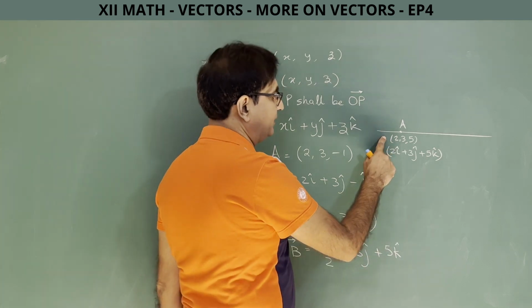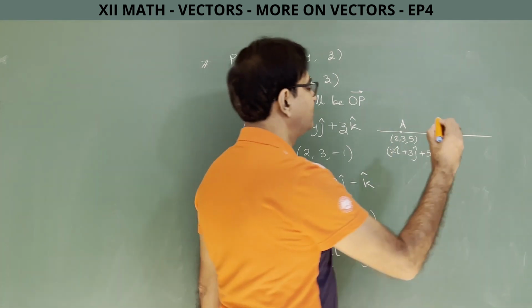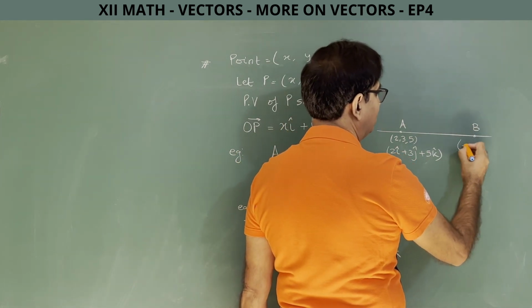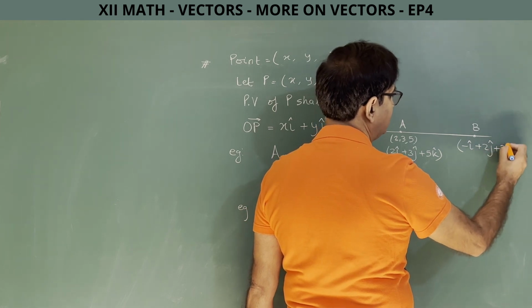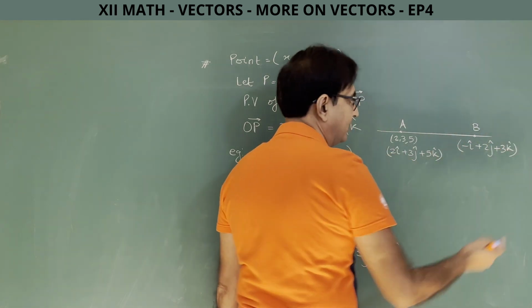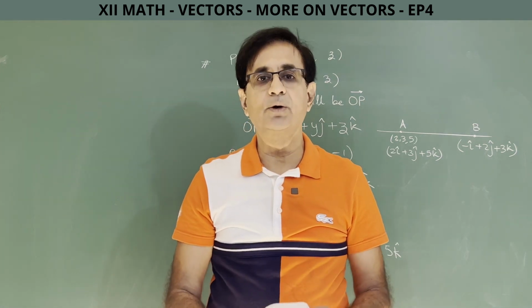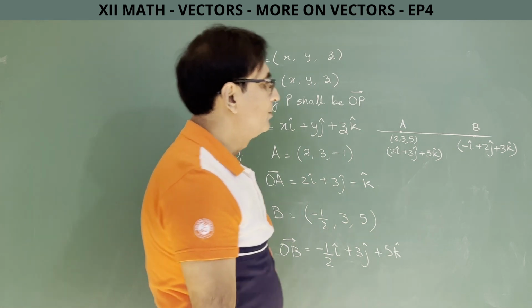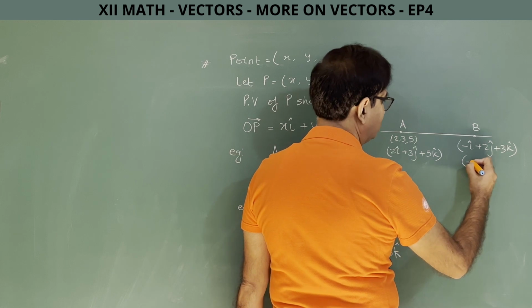Now if the coordinates are given, you know the position vector, and it works vice versa also. Suppose there is a point B and you know its position vector as minus i cap plus 2j cap plus 3k cap. I have not given you the coordinates of point B, I just gave you vector OB, that is the position vector of B. So you know what the coordinates of this point are?